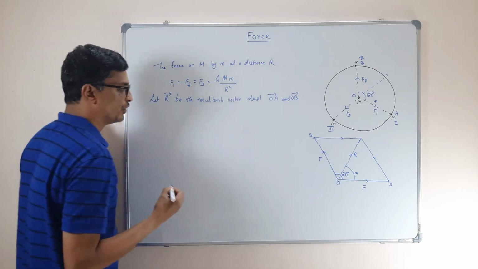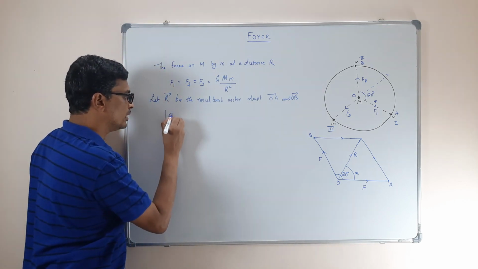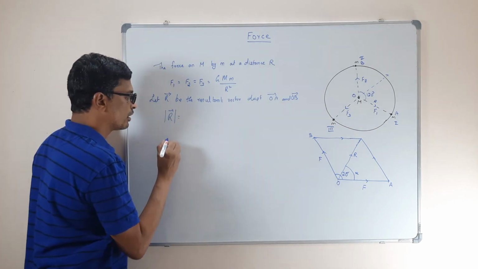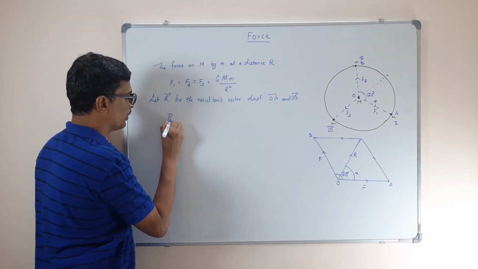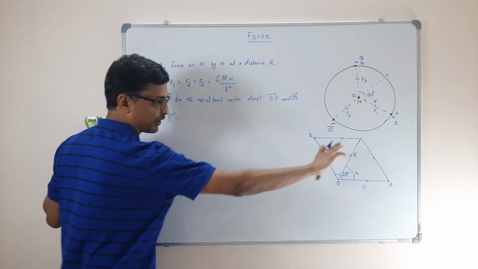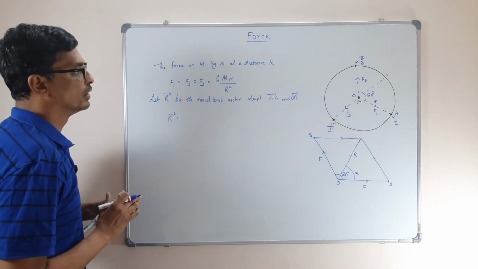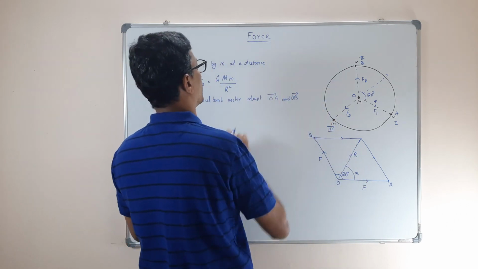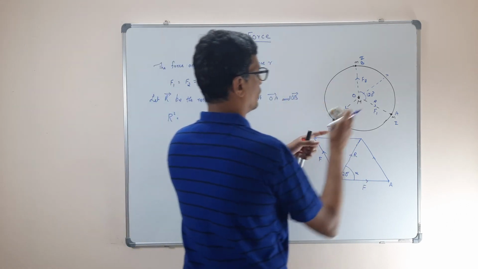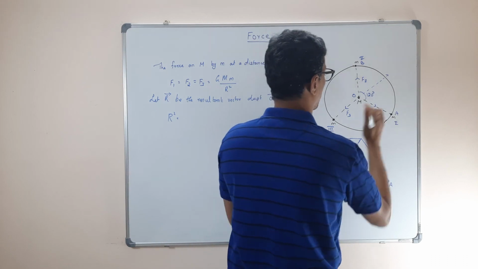Am I right? So what is the magnitude of R? You remember that? We write it R square. Oh my goodness, I have written the same symbol. Okay, so let me call this a distance small r, the radius. I am using small r.